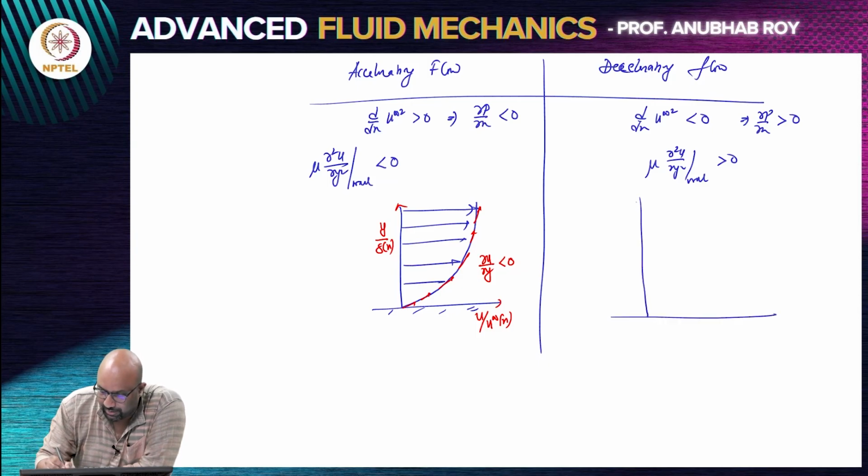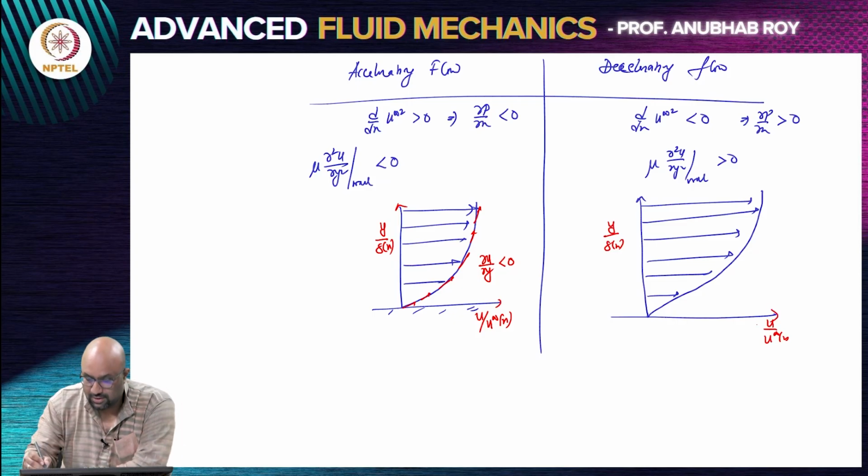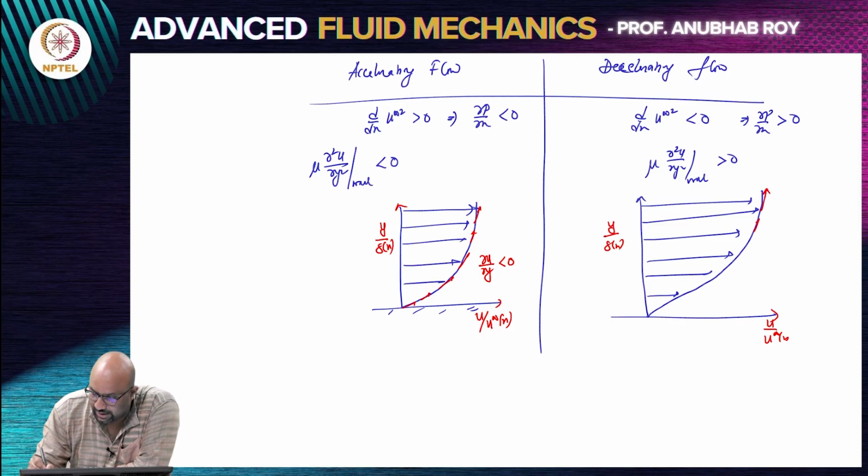In the decelerating problem, I will have something like this. Here, once again you are plotting u by u infinity of x. So as you approach the edge of the boundary layer, here ∂²u/∂y² is negative, right?